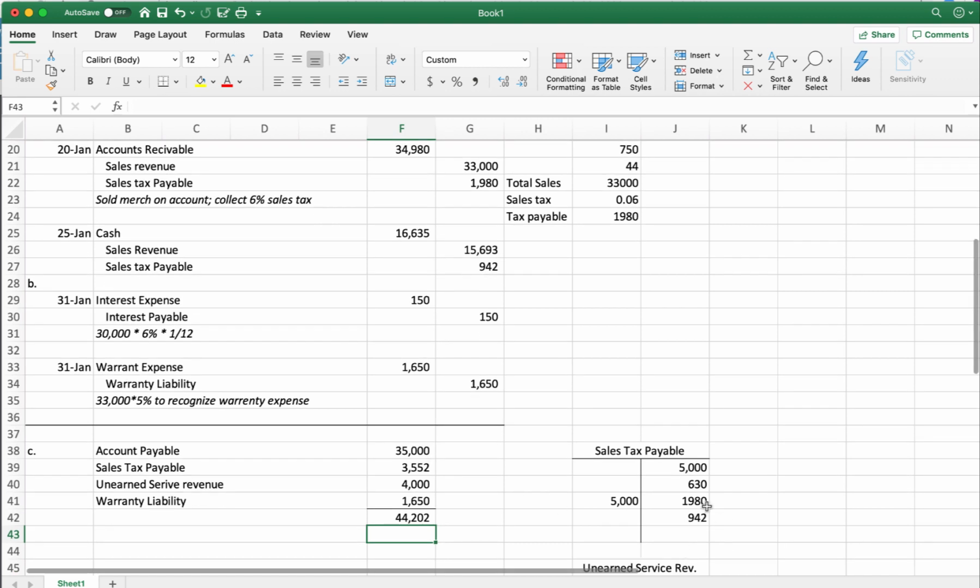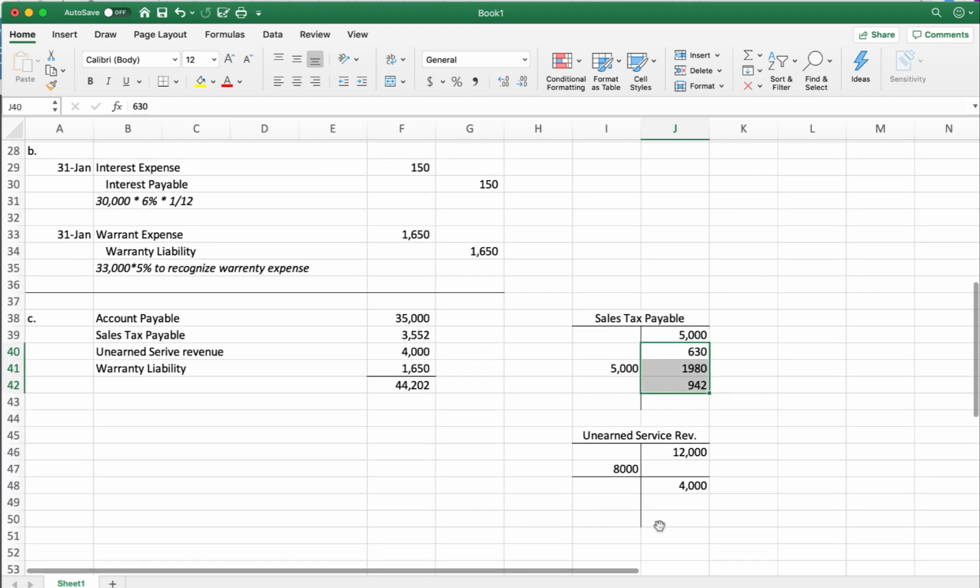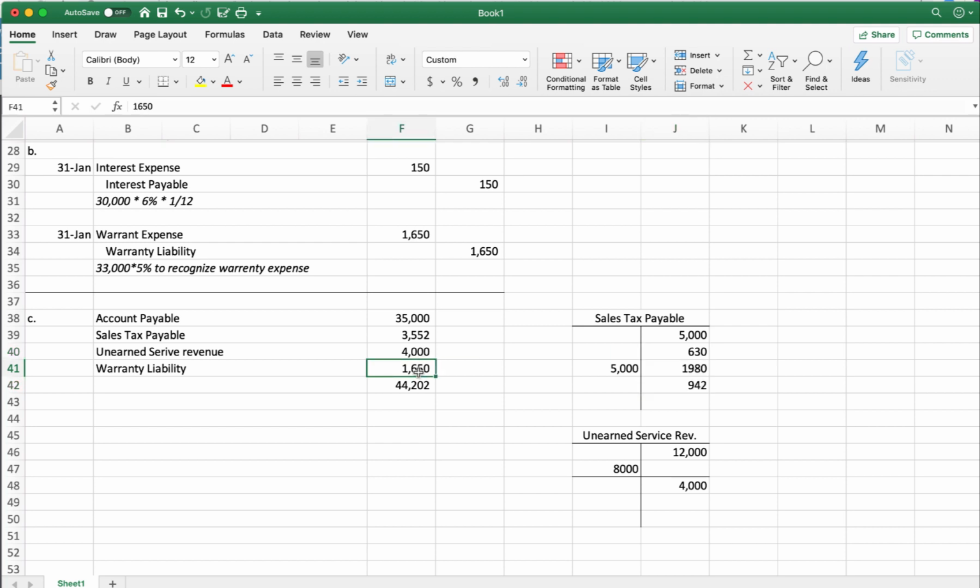Well, let's make sure we added up the sales tax payable. Yeah, 3,552, okay. The unearned revenue, we did book correctly to be $4,000. The warranty expense, make sure my math's right on that one. Yeah, that's right.